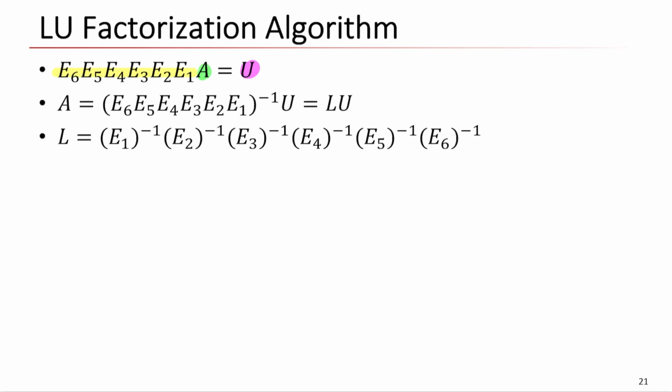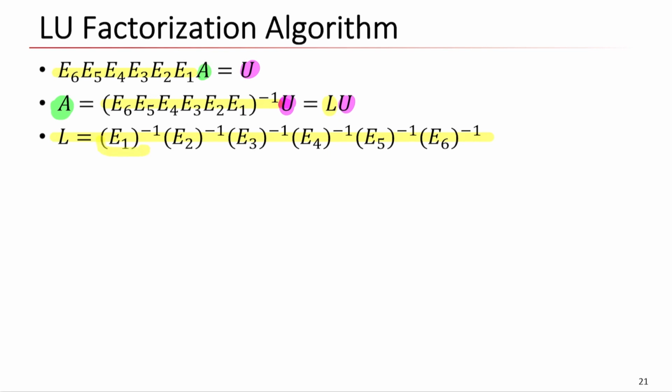If we multiply the inverse of this one, matrix A is going to be this inverse times U, and then A will be L times U. Then what is L here?